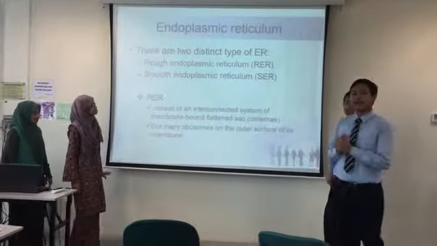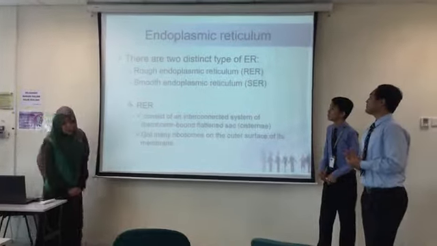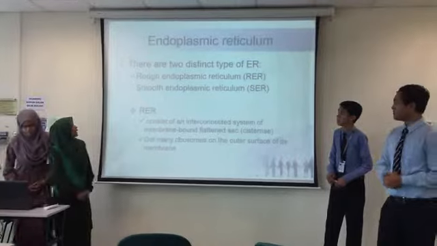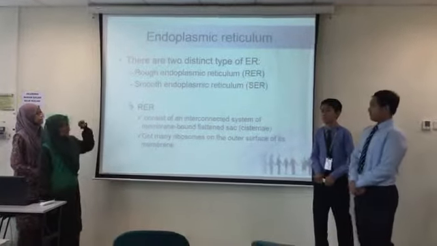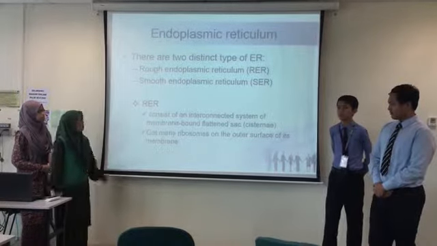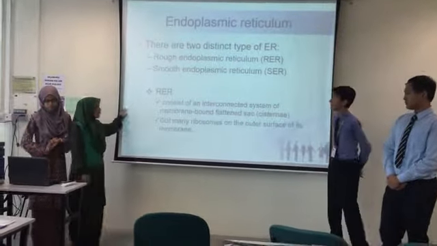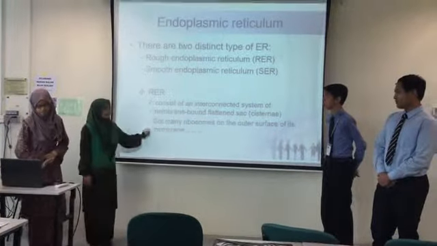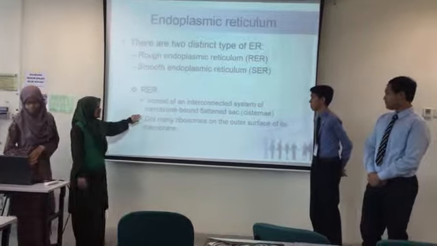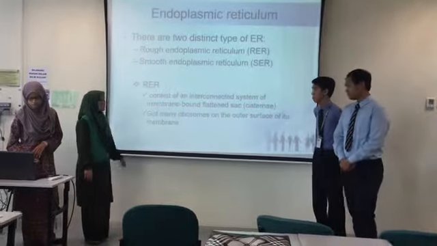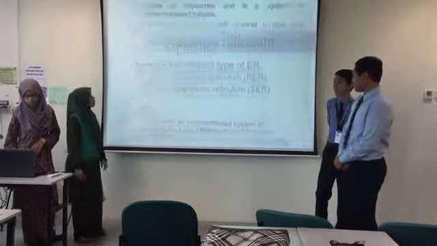Next we will talk about the endoplasmic reticulum. Next, I will present the endoplasmic reticulum. There are two distinct types: first is the rough endoplasmic reticulum, and second is the smooth endoplasmic reticulum. The rough endoplasmic reticulum consists of an interconnected system of membrane-bound flattened sacs known as cisternae, and it has many ribosomes on the outer surface of its membrane.